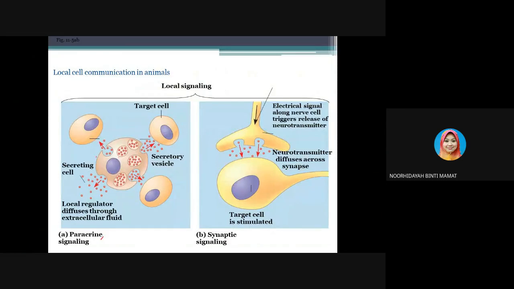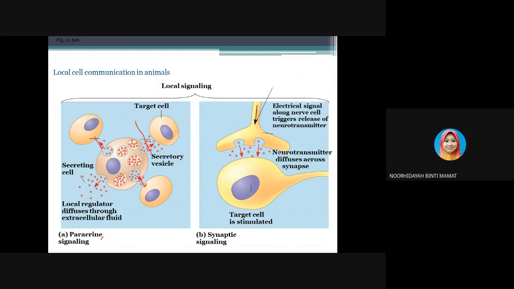Here, in the secretory vesicle, the cells will release the signal. The signal will diffuse through the extracellular fluid, so we release it into the extracellular fluid, and then it diffuses to the targeted cells. We call this paracrine signaling, diffusion through extracellular fluid.